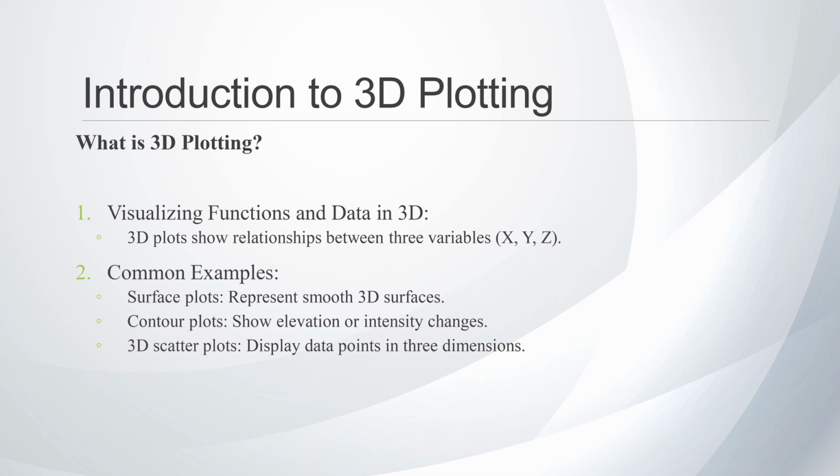Some common types of 3D plots include surface plots, which show smooth 3D surfaces, contour plots, which highlight different levels or elevations, and 3D scatter plots, which represent data points in 3D space.